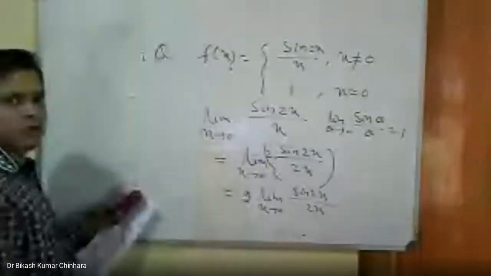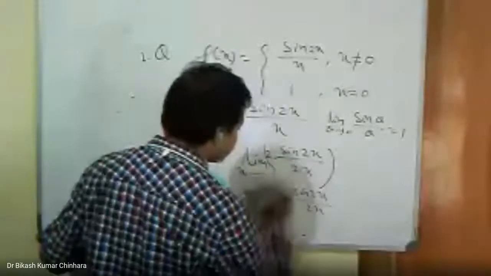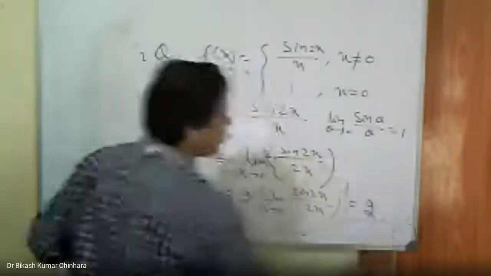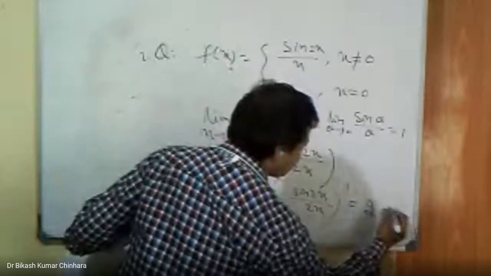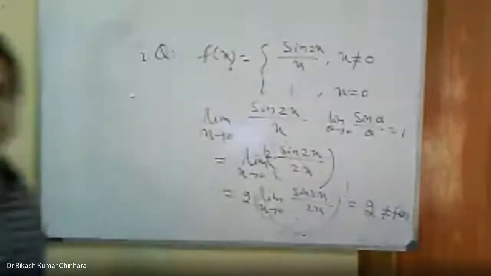As x tends to 0, 2x will tend to 0, so that's why its value will be 1. So the limiting value will be 2, which is again not equal to f of 0. So this is also not continuous.